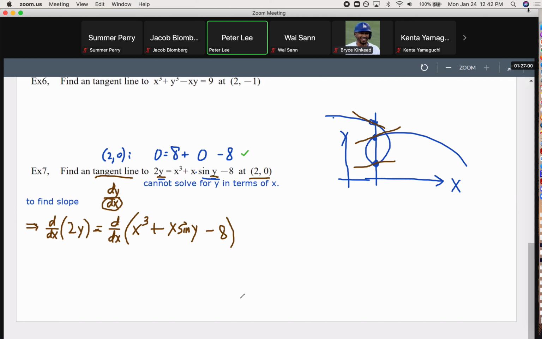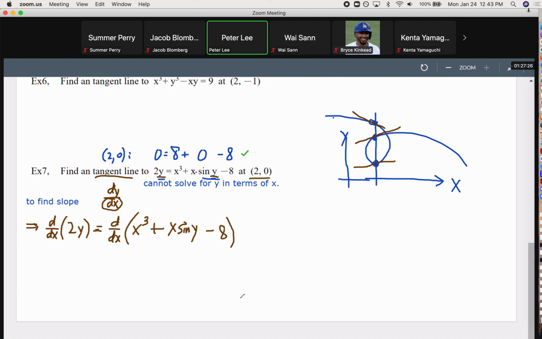For those of you who get into Calculus 2 next semester, you are going to study what we call Taylor series. And when you get to power series, there's a way to somehow combine those y's, but in this case, even that method may or may not work. In this case, it's virtually impossible. So you cannot solve for y in terms of x.